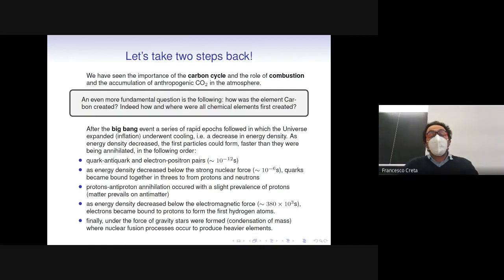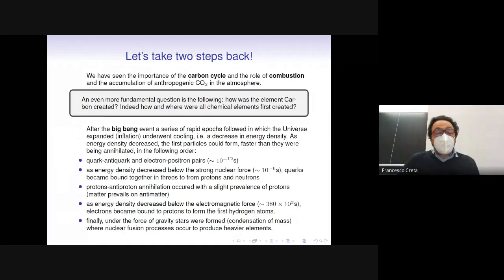And in fact, now that we're at it, we should also answer a question, and most of you will know this, but where did all of the other elements come from? The elements that you can find in the periodic table.